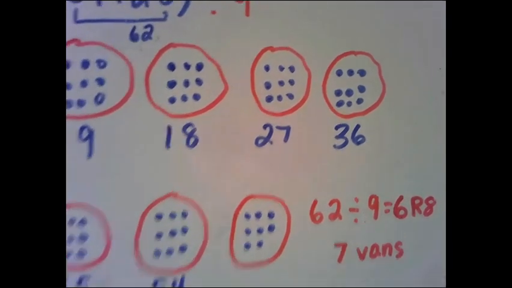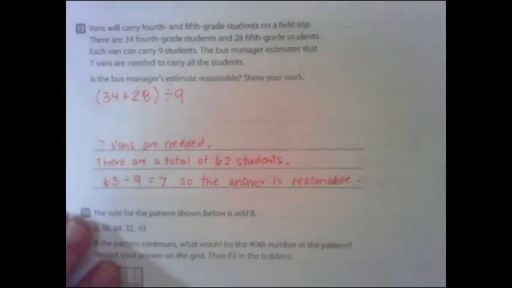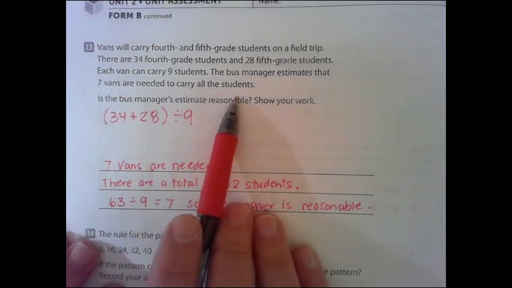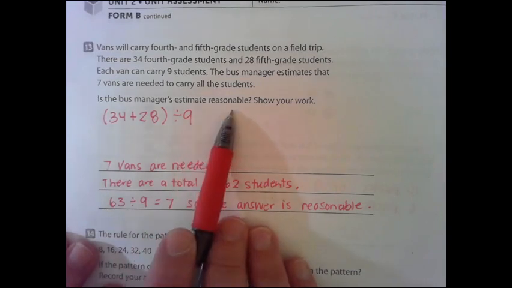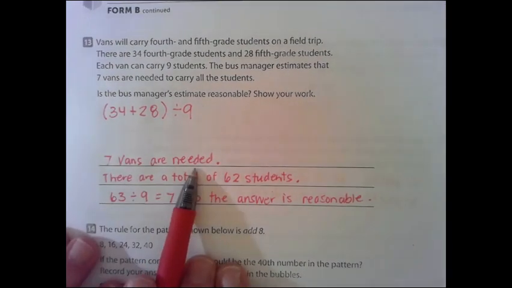So let's go back to the problem. Now, the question was, the bus manager estimates that 7 vans are needed to carry all the kids. Is his estimate reasonable? Well, I wrote here 7 vans are needed because that's what we figured out.